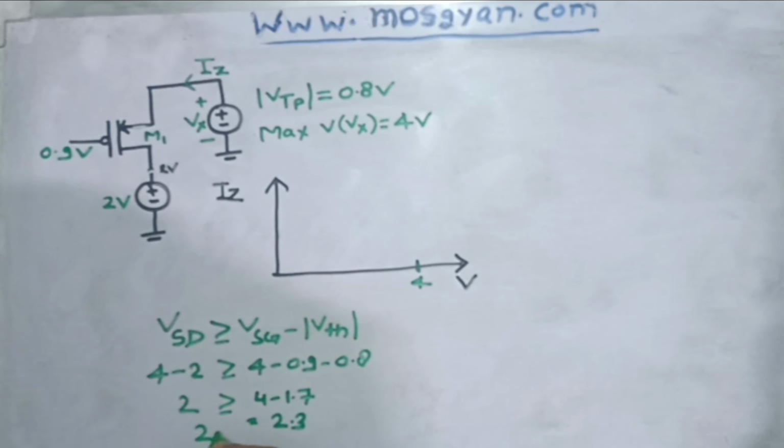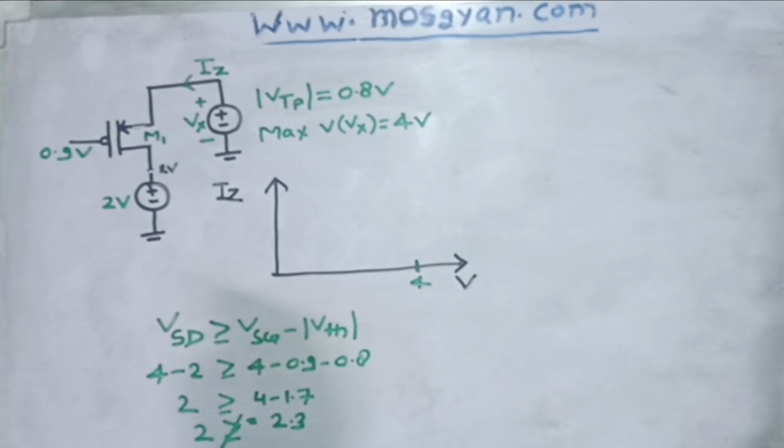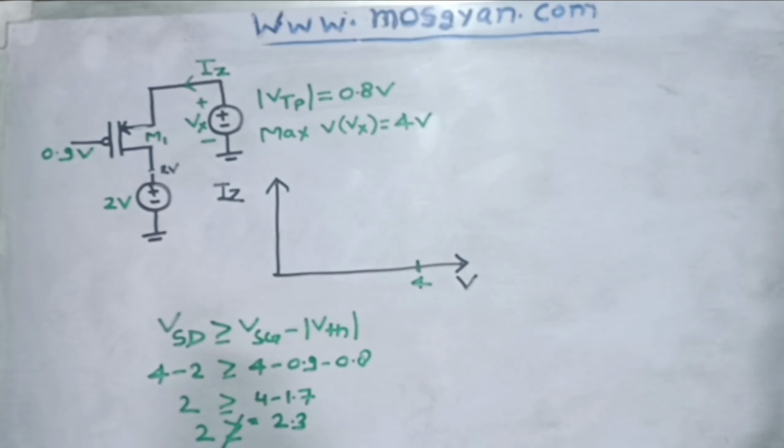So 2 is not greater than 2.3, right? That means at 4 volt this PMOS will work in linear mode of operation, because VSG, which comes to 3.1, is greater than VTH, which means the PMOS is on, but it behaves in linear mode. This is the first thing we have got to know here.